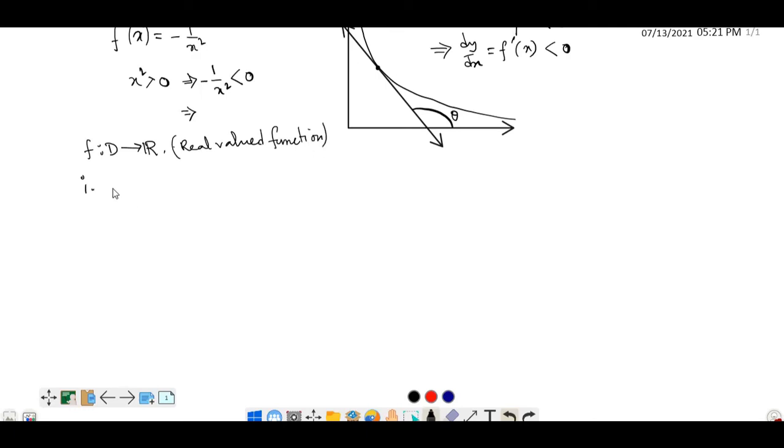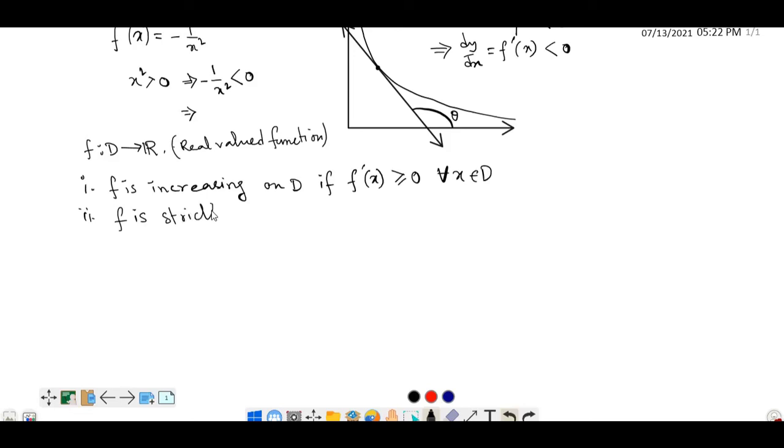Then in terms of the derivative, we can say f is increasing on D if the derivative f dash x is greater than or equal to 0 for all x belongs to D. Number two, we will say f is strictly increasing if the derivative f dash x is strictly greater than 0 for all x belongs to D. Obviously, this is strictly increasing on D.